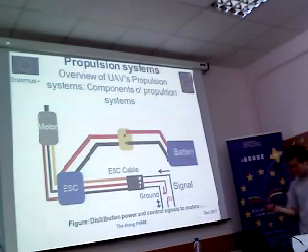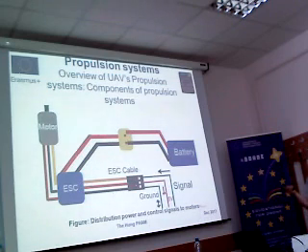So this is the first way of controlling the motor. We have the battery to the ESC. Then we have the three wires for the control signal. One for the power, one for the ground, and one for the signal. This is the PWM in order to control the speed of the motor.